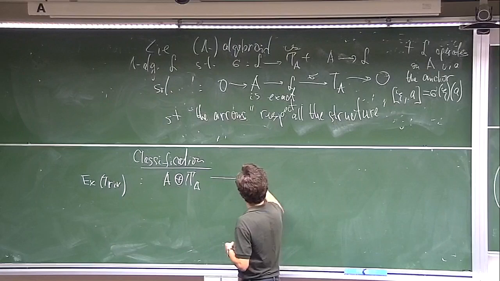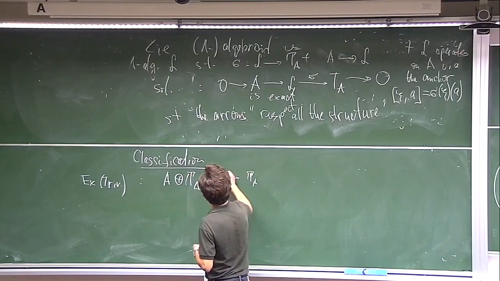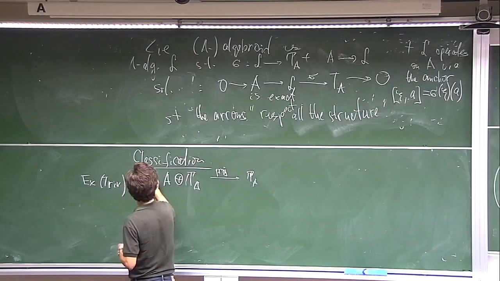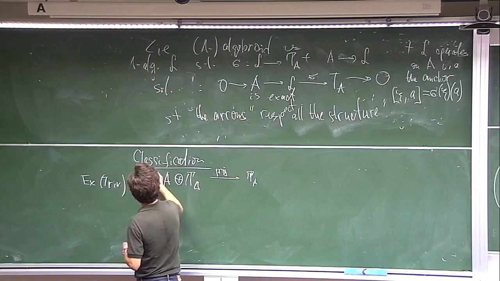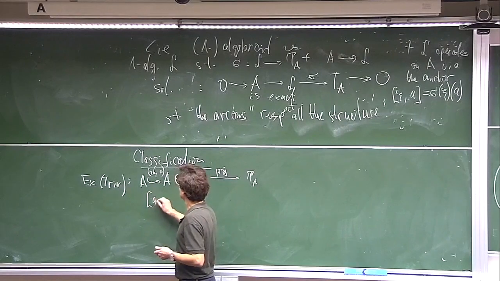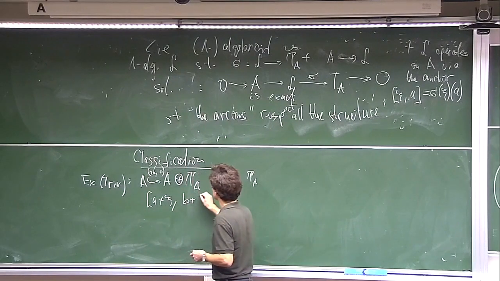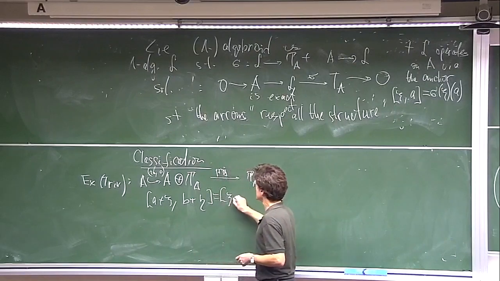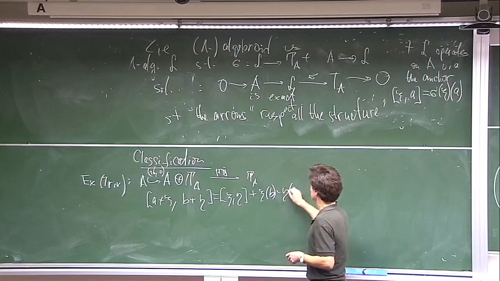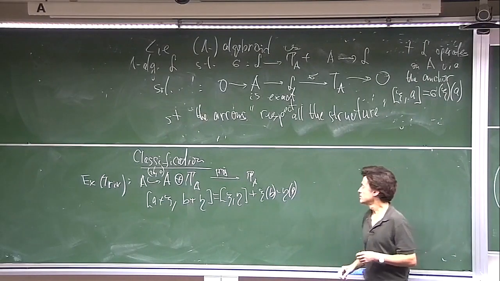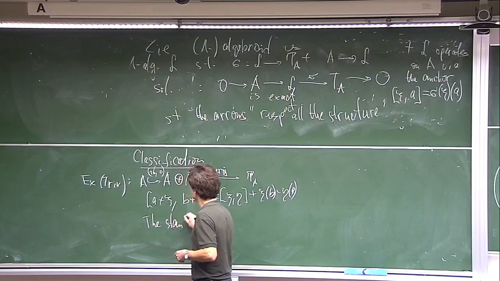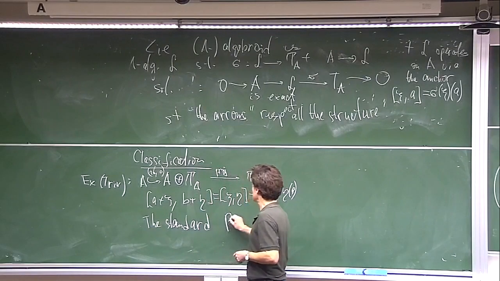So this map is projection onto A, and the bracket is the standard one: A plus psi, B plus eta, is psi eta plus psi of B minus eta of A. So I will sometimes refer to this as the standard chiral algebroid.